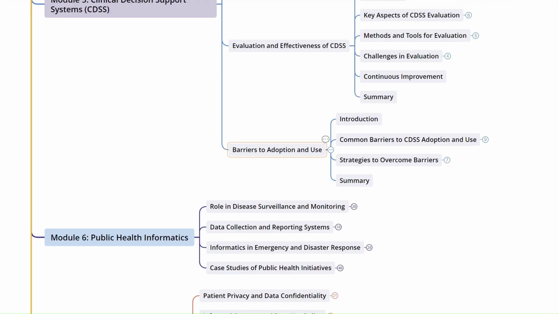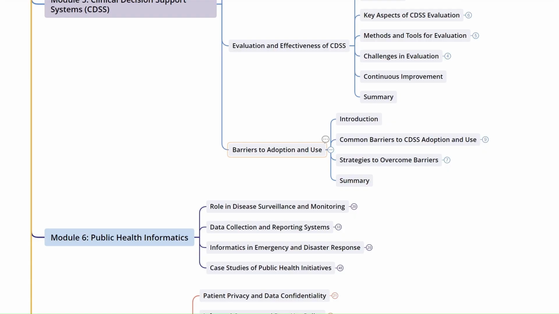Financial constraints are another obstacle, as initial costs for system deployment, customization, and ongoing maintenance can be prohibitive for smaller institutions. Organizational culture, workflow disruption, and the need for continuous staff training also influence adoption rates. Overcoming these barriers requires a combination of thoughtful system design, stakeholder engagement, education, and policy support to promote trust, usability, and continuous improvement.